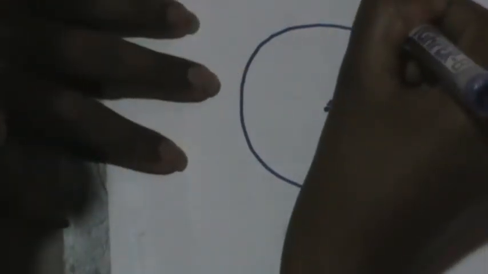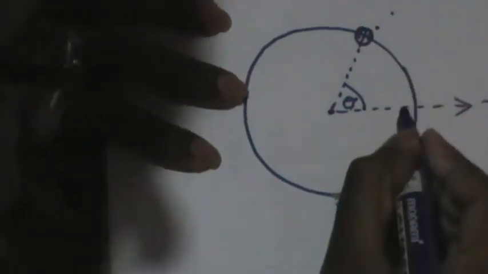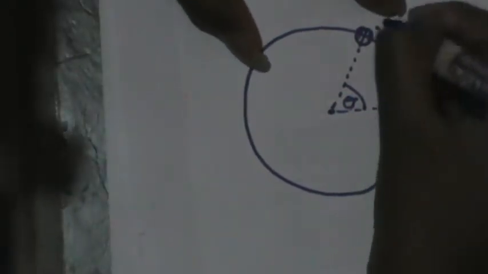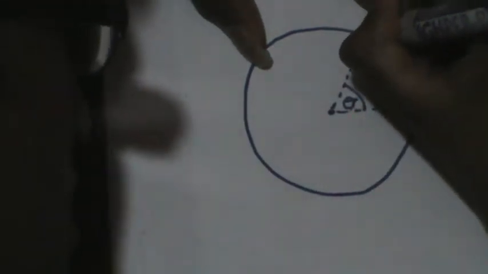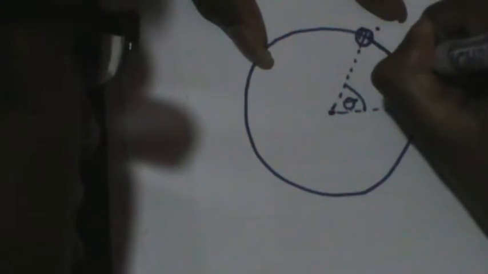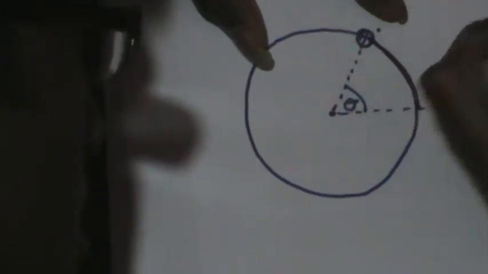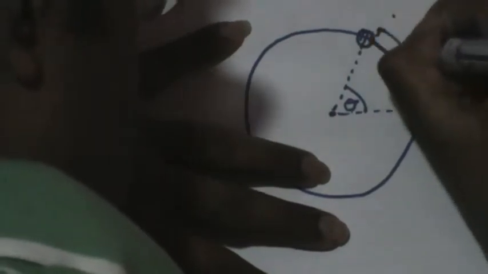This is a circle, and according to the geometry, the curve between these two points is an arc. I will name the length of this arc S.